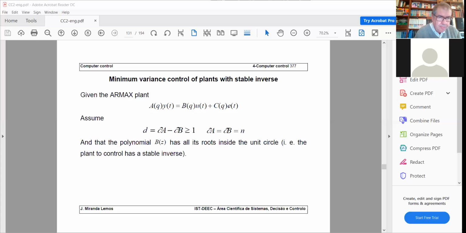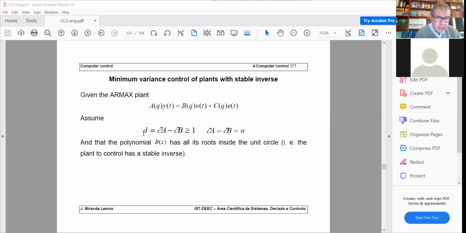So we describe the plant and the disturbance using the so-called ARMAX model. The ARMAX model is shown in this slide, and A, B, and C are polynomials. I'm assuming that the delay is at least 1.